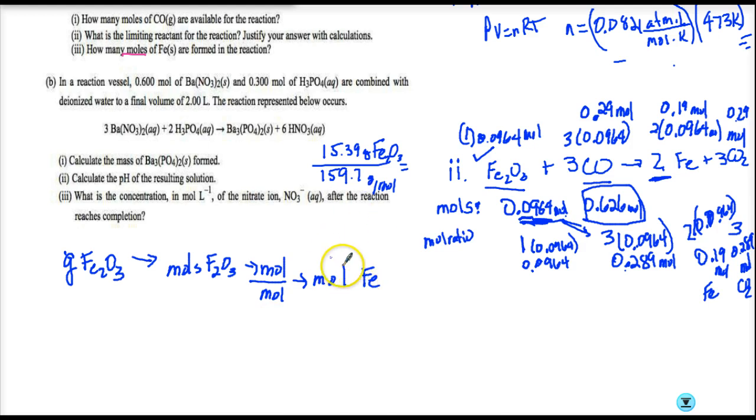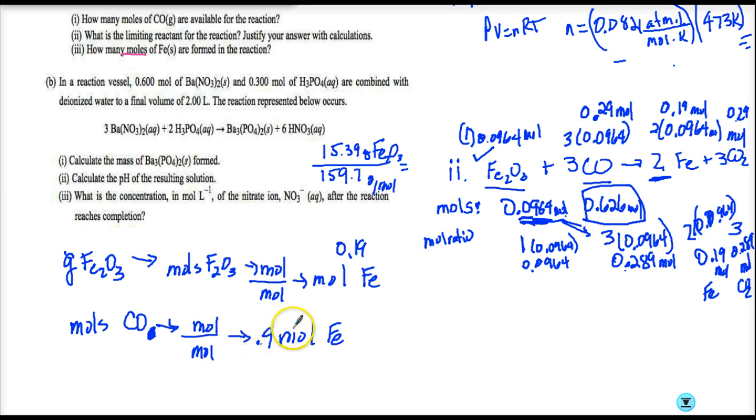And then you would come up with something like 0.19. Then you would take your moles of carbon monoxide, do your molar ratio, and figure out how many moles of iron you could produce. Well, this is going to be like 0.4 something. So this was your smallest amount, so you should have done that.